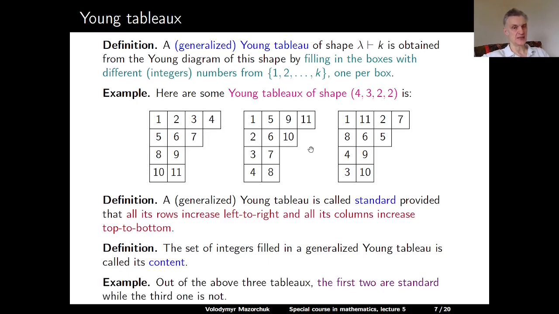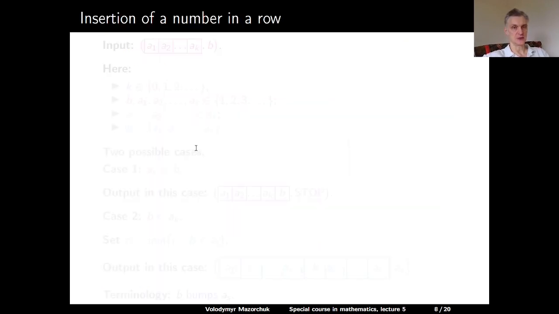The first two are standard: rows increase left to right, columns increase top to bottom. And the third one is not standard, because, for example, 11 is before 2, so the first row doesn't increase left to right. So there are standard and non-standard Young tableaux.